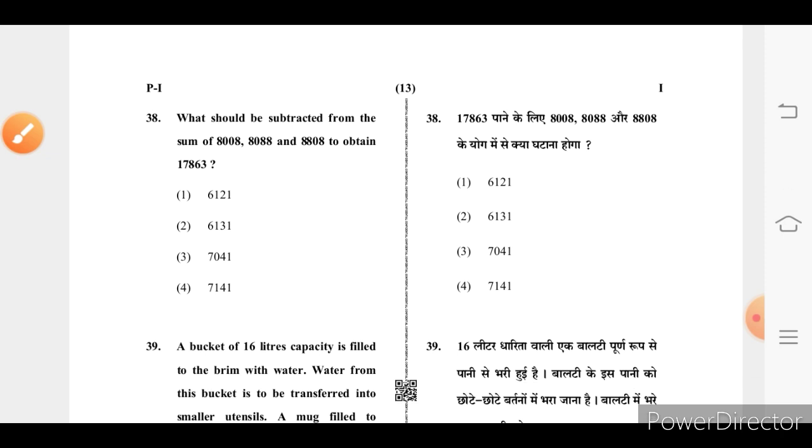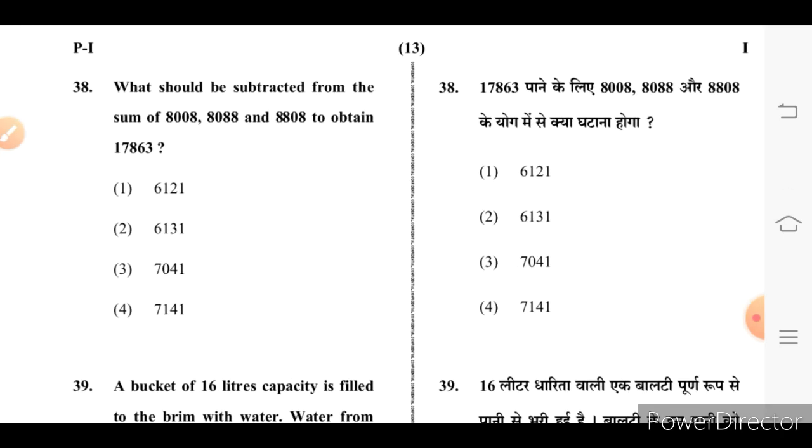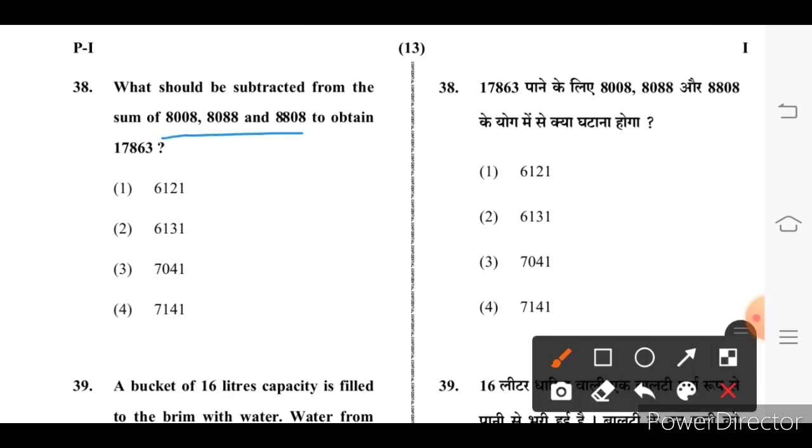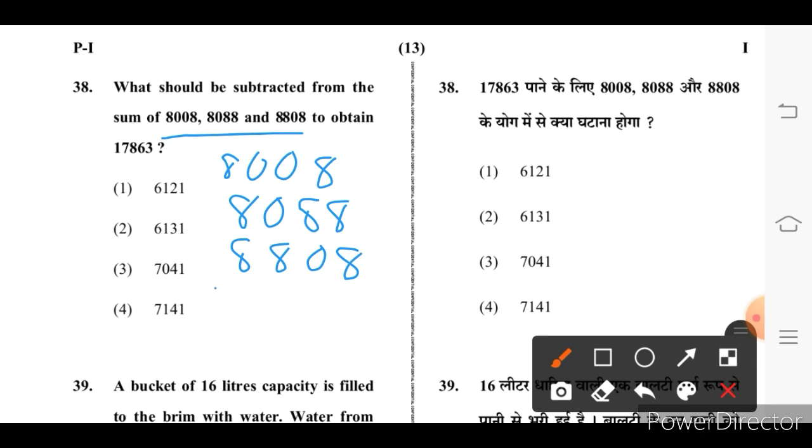Next question. What should be subtracted from the sum of 8,008, 8088 and 8808 to obtain 17863? First we add these 3 numbers. We get 24904.